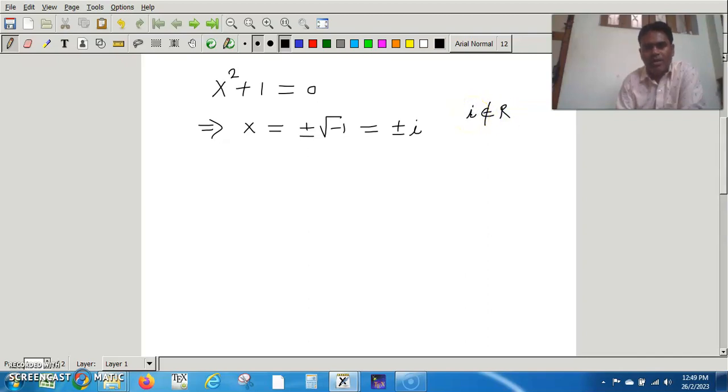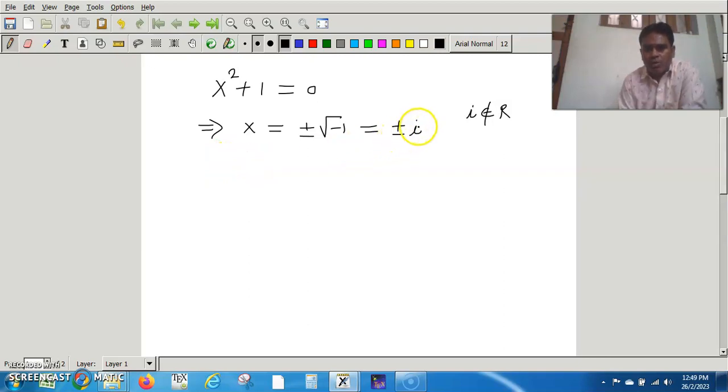That is why we cannot find the solution of this type of equations in a real number line. That is why we need to introduce a system of numbers where we can easily find the solution of this type of equations. That is why the set of complex numbers came into the picture.